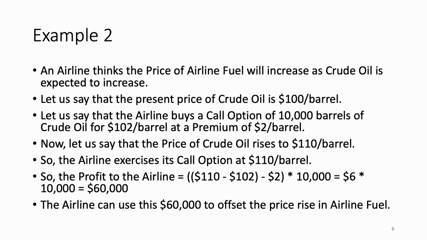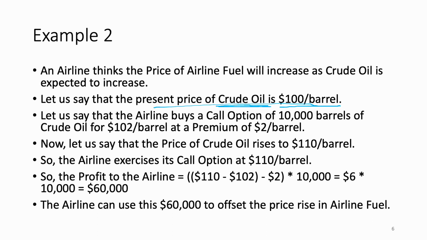Let's say that the present price of the crude oil is $100 per barrel. So what the airline is basically considering is that he wants to buy a call option with the commodity crude oil being the underlier, and he wants to save his position. So he says that the current price of the crude oil is $100 per barrel.